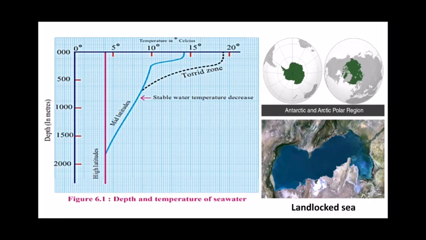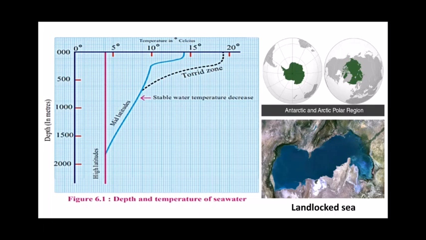You can see the mid latitudes here, right? This is the sea level. So near the sea level, the temperature is before 15. So how much is it, children? It is 14 degree Celsius.